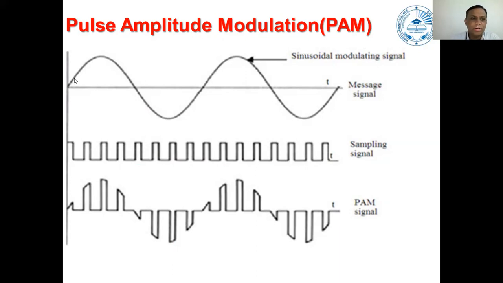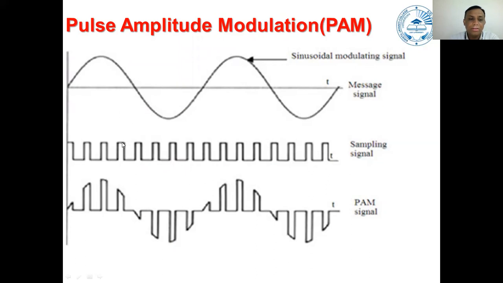Here in the picture you can see the modulating signal and the carrier signal, which is a rectangular pulse train. In pulse amplitude modulation, you can see that the amplitude of these pulses is varied with respect to the modulating signal. When the modulating signal voltage increases, the amplitude of the pulse also increases. As the amplitude increases further, the amplitude of the pulse increases further.